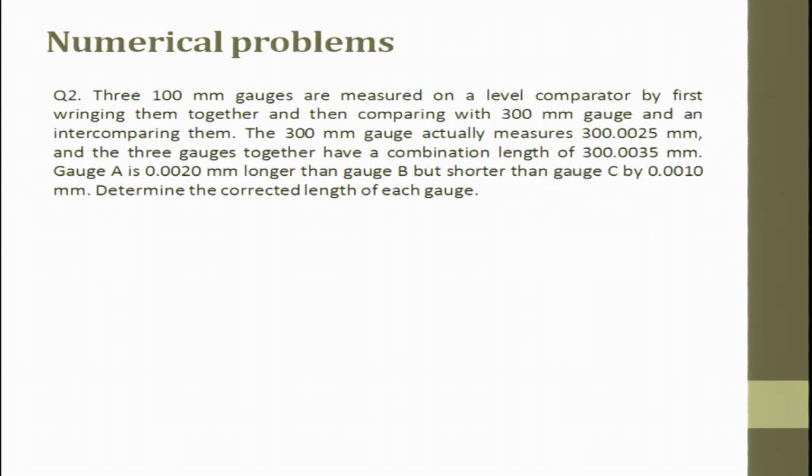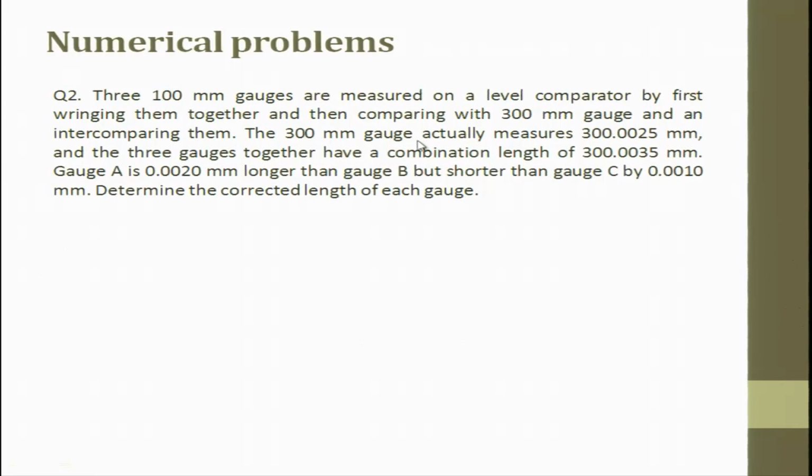So, let us try one more problem. So, this problem is also very easy. So, let us look at it. There are 3 100 millimeter gauges measured on a level comparator by first ringing them together and then comparing them with a 300 millimeter gauge and inter-comparing them.